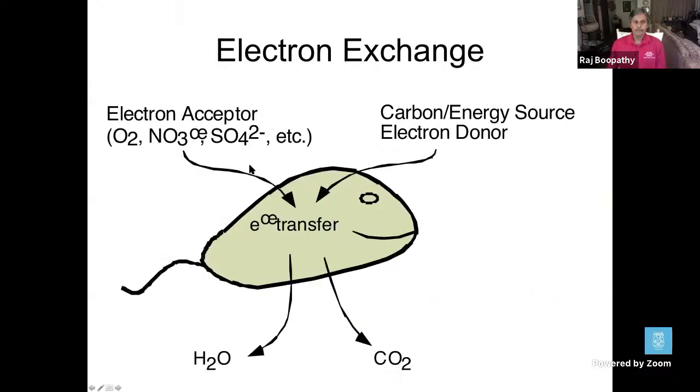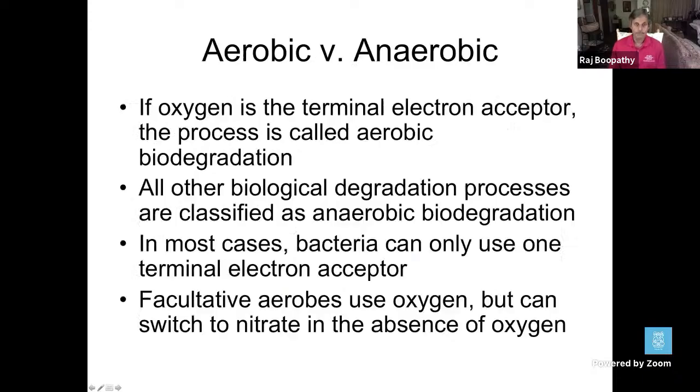So you have to have various electron acceptor options, not only aerobic. Like last class I talked about nitrate reducing, sulfate reducing, iron reducing conditions if there is no oxygen available. And then the pollutant itself could be used as electron donor and the energy source. The bacteria use them and convert them to CO2 and water, and then they use this to grow as well to make more bacterial cells.